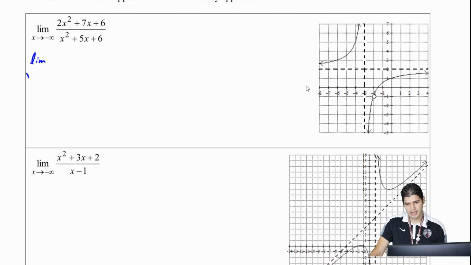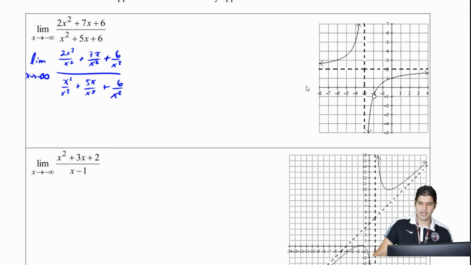So the limit as x approaches negative infinity of 2x squared over x squared plus 7x over x squared plus 6 over x squared, all over x squared over x squared, 5x over x squared, and 6 over x squared.